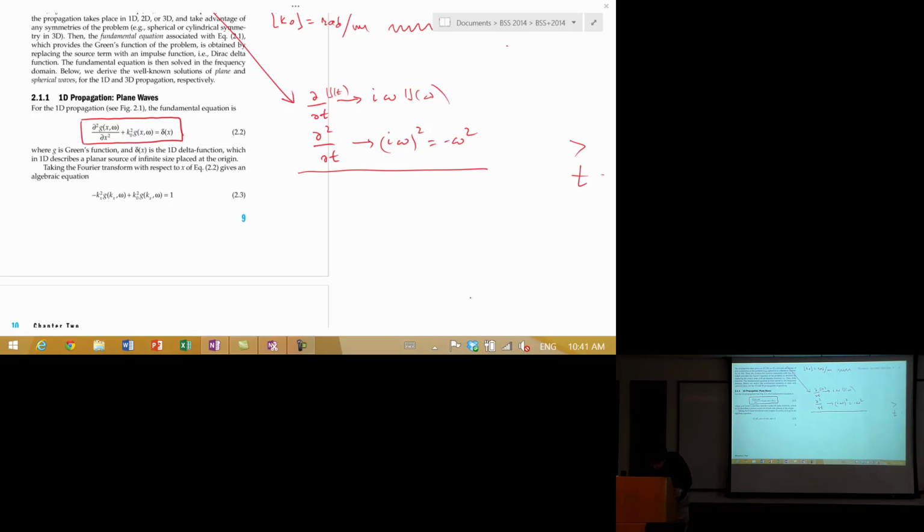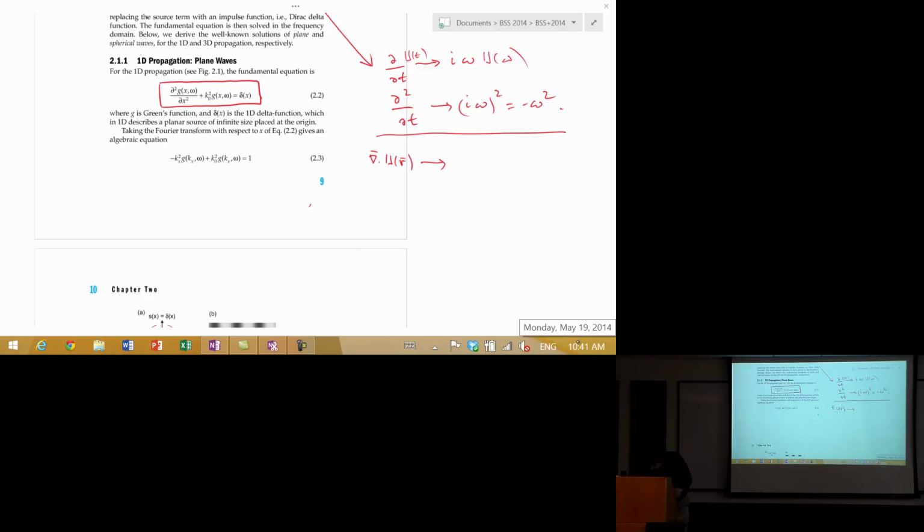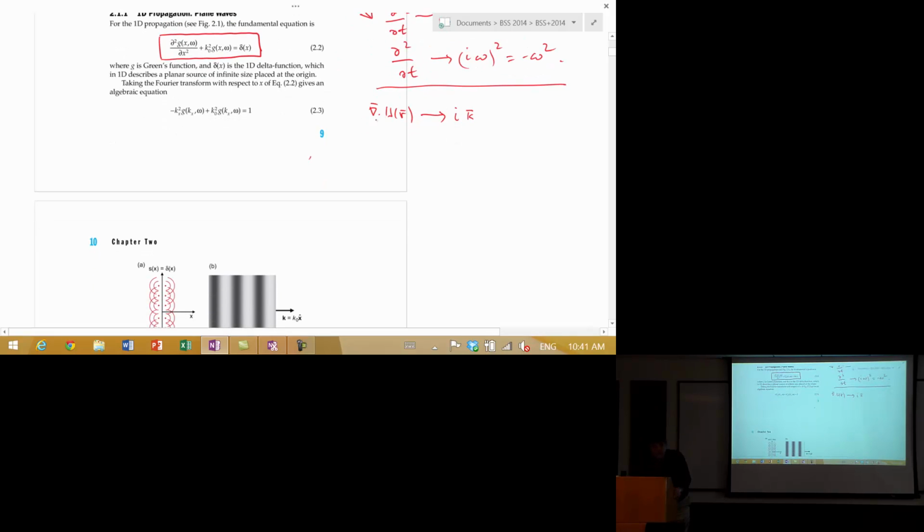But now, similarly in the spatial domain, if I have the del operator applied to u of r, it turns out that this transforms into i k vector. So this is a gradient, it's a vector.